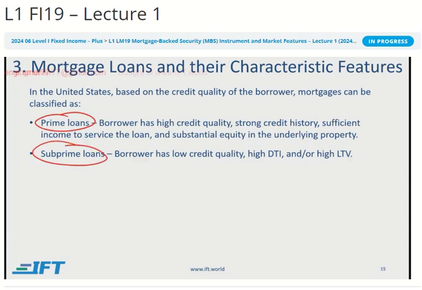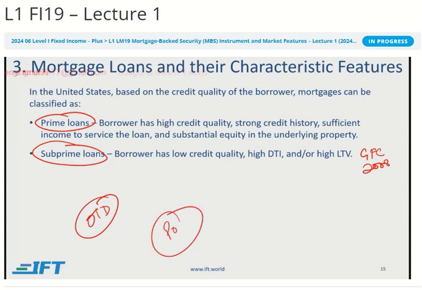And this is what happened in the global financial crisis in 2008. Because of the originate to distribute model, the banks were just originating these subprime loans and putting them in a pool, and through SPVs they were putting them into different tranches and getting very, very good credit ratings for the senior tranches, even though the pool was just full of garbage.